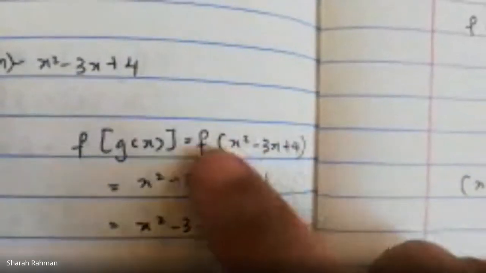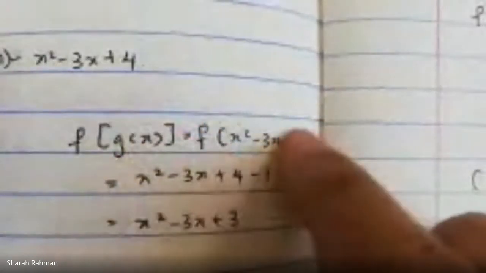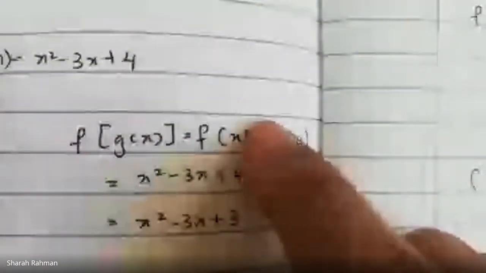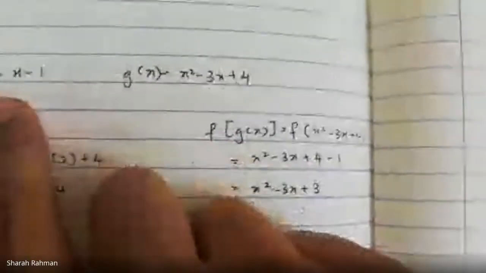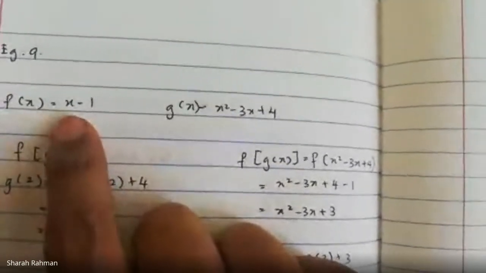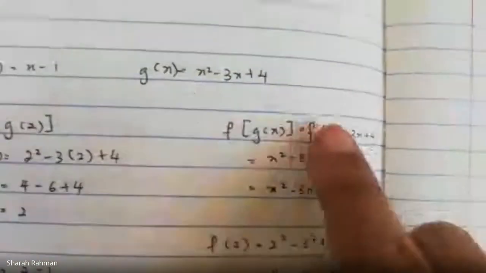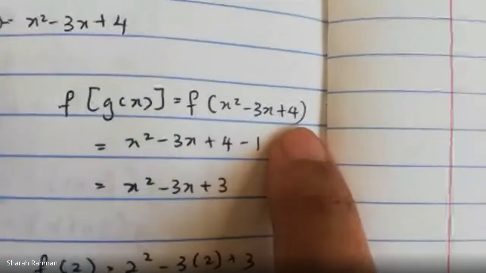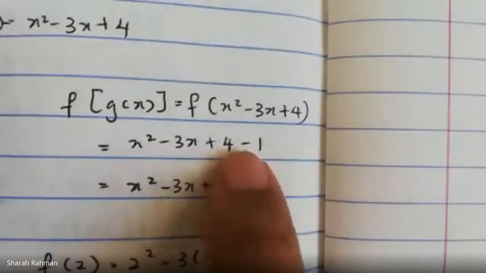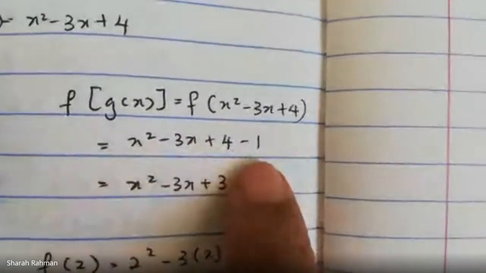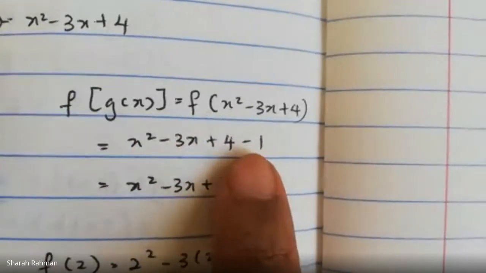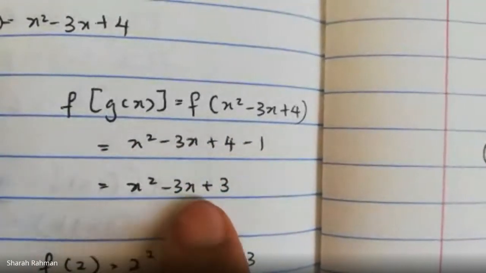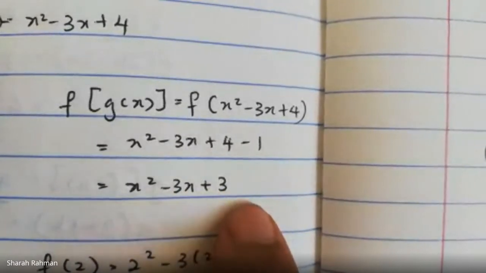So then we need to find f of x squared minus 3x plus 4. We substitute each x in the f function with x squared minus 3x plus 4. This is the x, then minus 1. This is the function of f. Then we do the simplification and get x squared minus 3x plus 3.